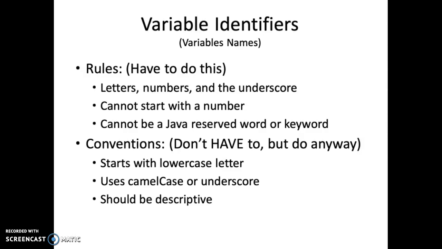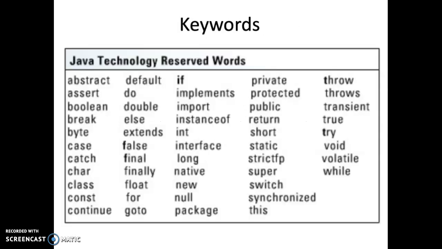So the convention is that variable names or identifiers start with a lowercase letter, and they use the camel case or underscore. So more common in Java is the camel case, not the underscore. Other languages like to use the underscore, so you'll see what this means later. But so focus on the camel case, and the variable identifiers or names should be descriptive, and that helps you and others debug your program in the future.